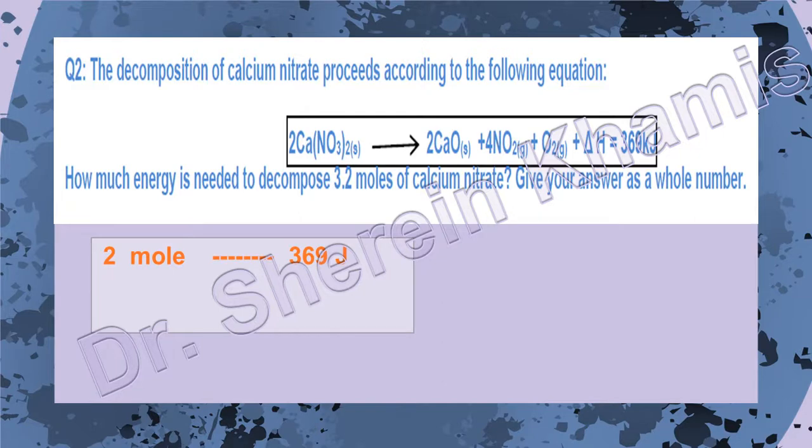After that, we want to know what happens in the case of 3.2 moles. We will make a cross multiplication: x equals 369 times 3.2 divided by 2, so the right answer will be 590 kilojoules.